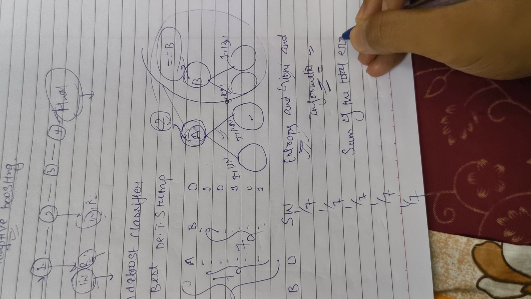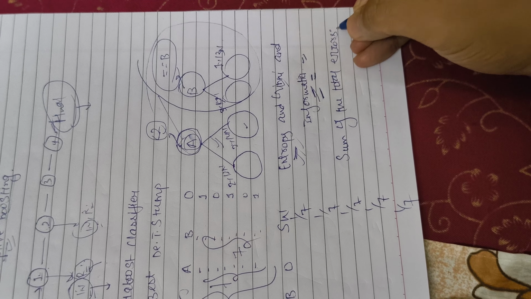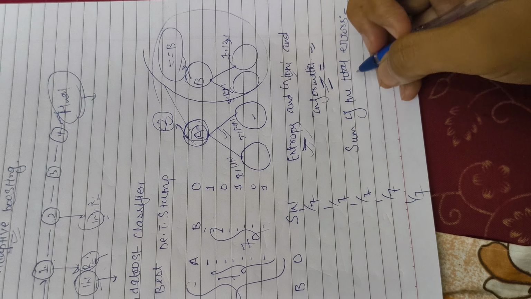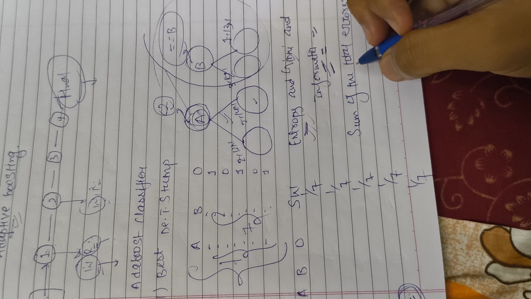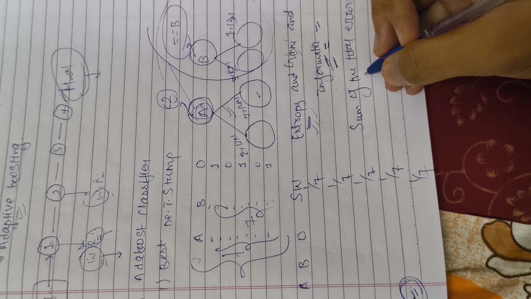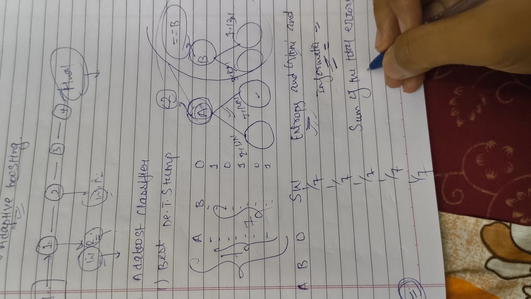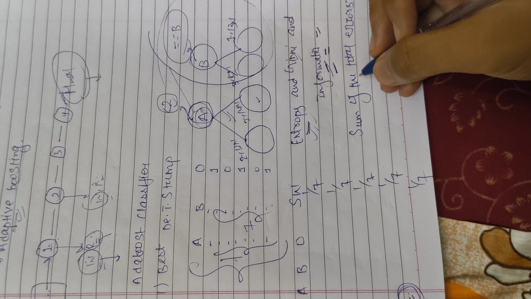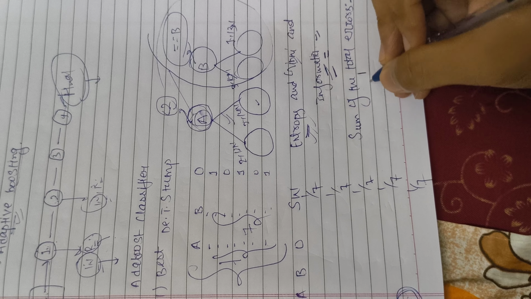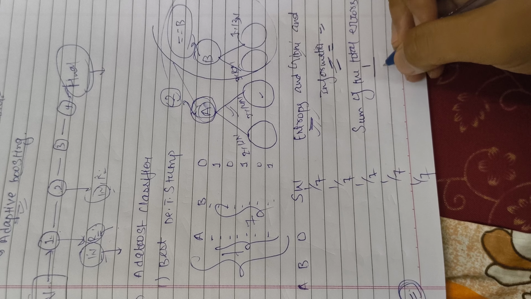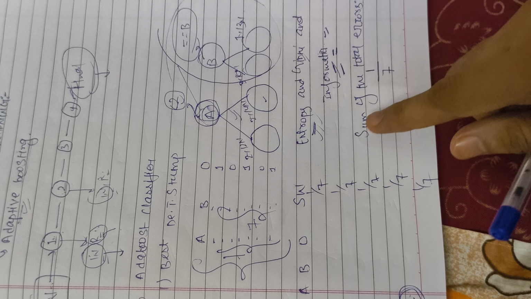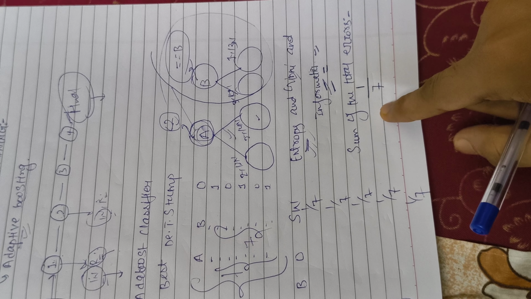In the sum of the total errors, we just write in the numerator how many data points our model predicted wrong. It is only 1, divided by the total number of data points, that is 7. So this will be my sum of the total errors.